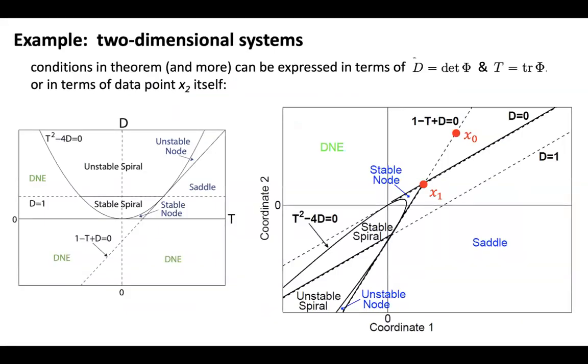Okay, so if we let D and T be the determinant and trace of phi, then depending on the eigen structure of phi, we'll sit at different places in this plane and we'll have corresponding information about a linear system that fits the data that generated phi in the first place. Maybe there's no such system, or a system must have a stable spiral, or so on.